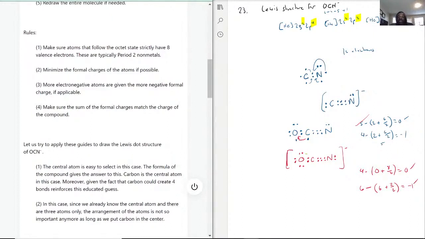Based on the last question we did, where it was HNO2, I realized that sometimes it's good to start step by step, because we were able to get cyanide, which is CN, and then see how adding an oxygen would change cyanide. We see that it wouldn't really make sense to go on the nitrogen part, because nitrogen is already stable and balanced, but the carbon is where the negative 1 was.